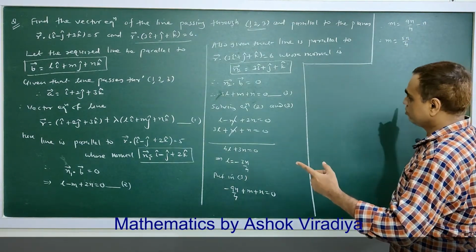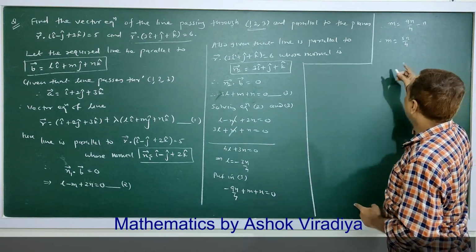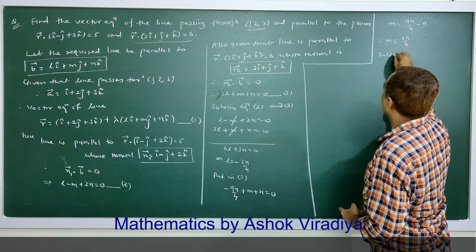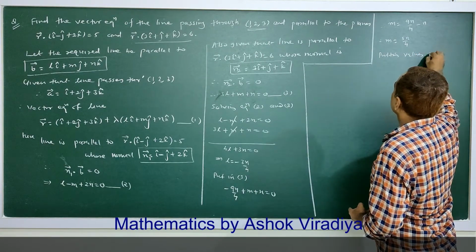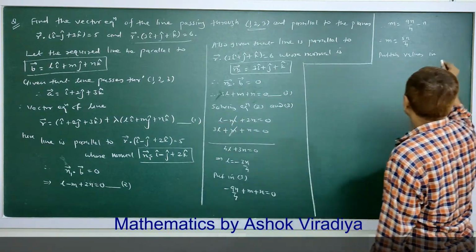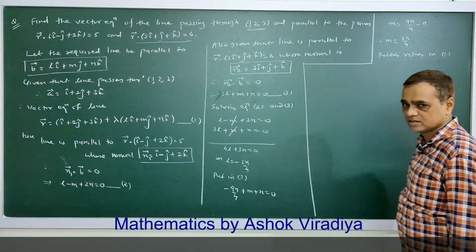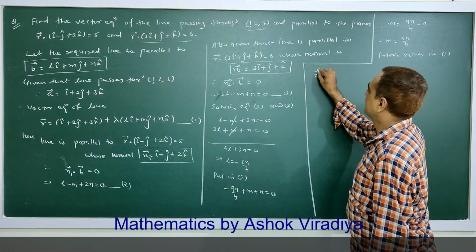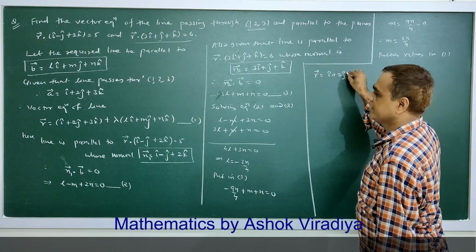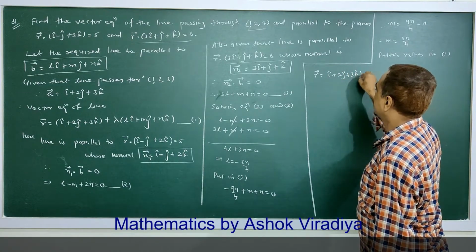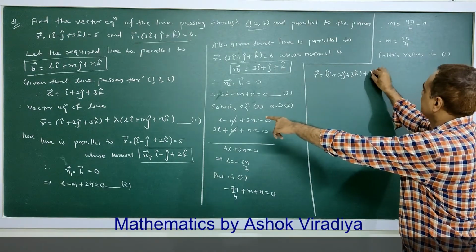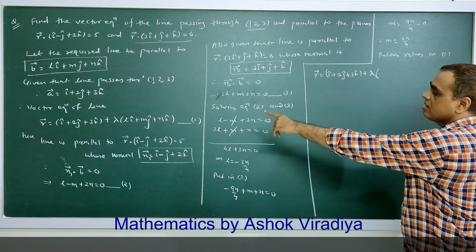So now the value of L, m, n, we are putting these values in equation 1. Putting value in equation 1, we have vector r is i plus 2j plus 3k plus lambda times Li.